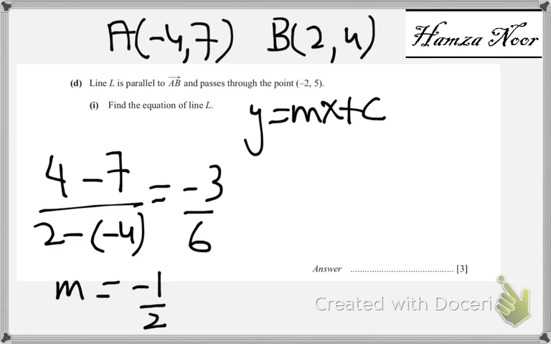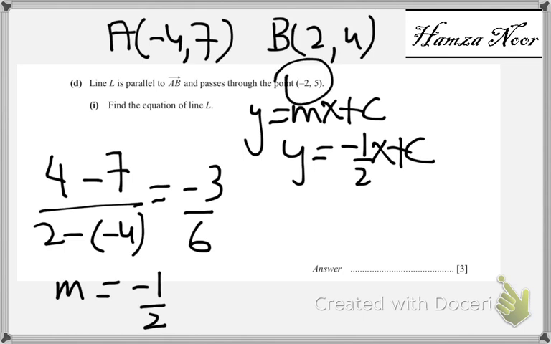Alright, so the equation will be y is equal to minus 1 over 2 x plus c, and it passes through the point (-2, 5). So all you need to do is put this point in this equation. So 5 is equal to minus 1 over 2 multiplied by minus 2 plus c.